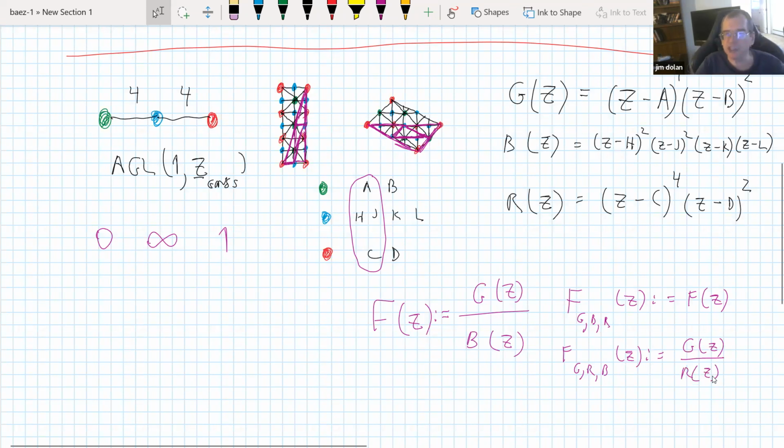There's these 6 different rational functions that we can cook up from these 3 polynomials, and those 6 rational functions are supposed to be related to each other.